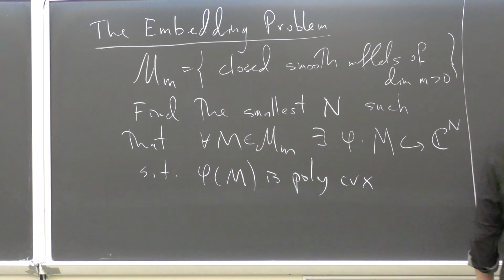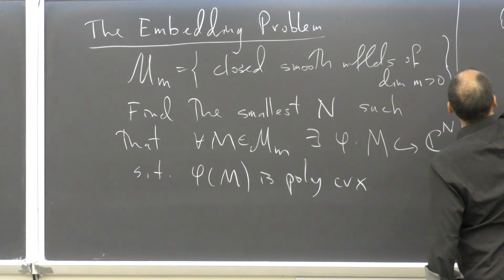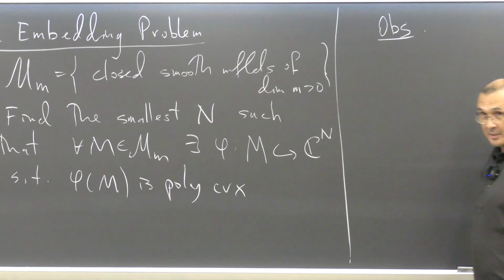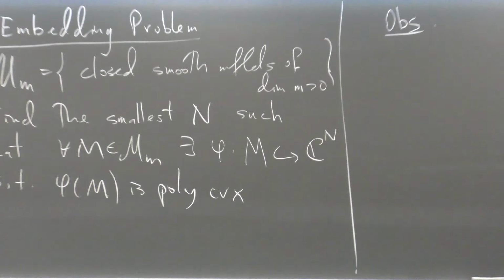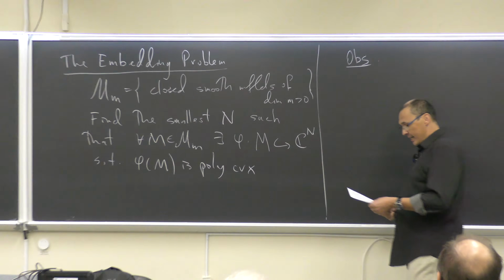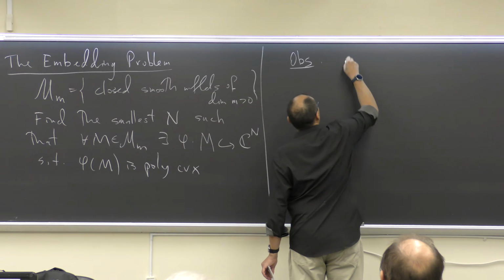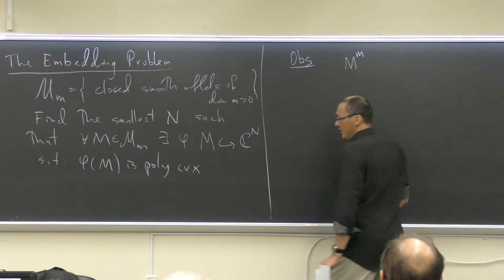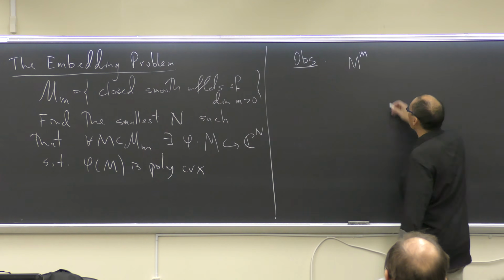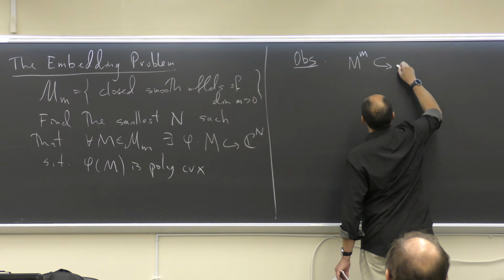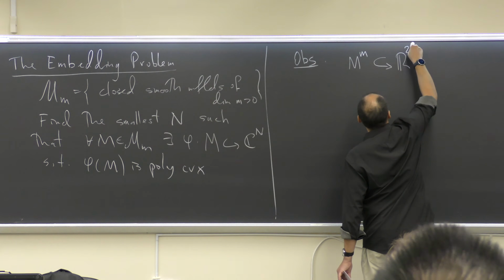So let me make a few trivial observations about this question. First is that, if I take a manifold of dimension m, then by the Whitney embedding theorem, I can embed it into R^2m.